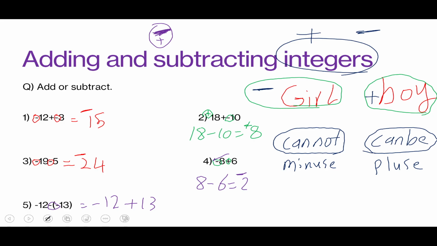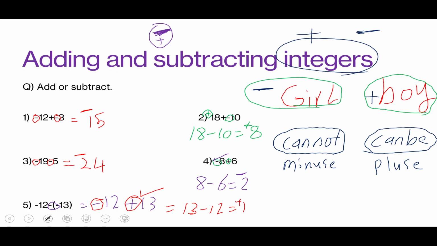Now we have negative and positive. Can positive and negative be friends? No, they're fighting. So minus them. 13 minus 12 is 1. But when they are fighting, which one is stronger? 13, right? So what's the sign of 13? Positive. So I'll write it positive 1.